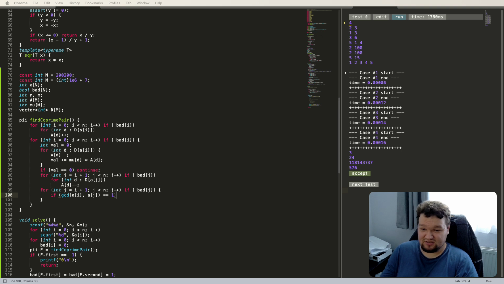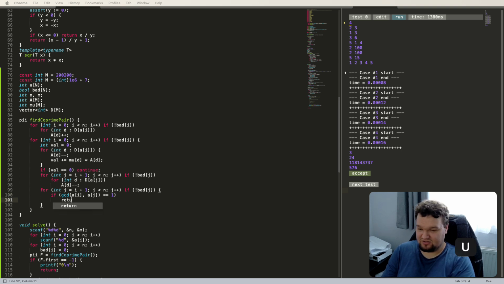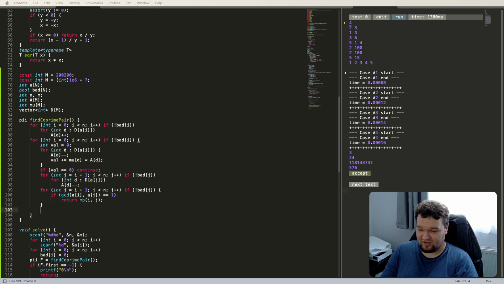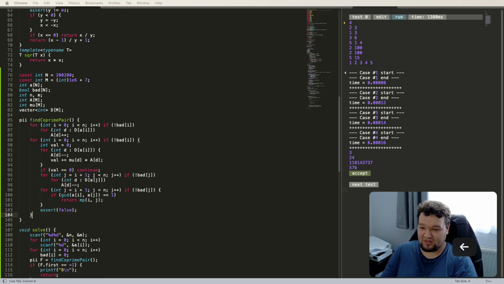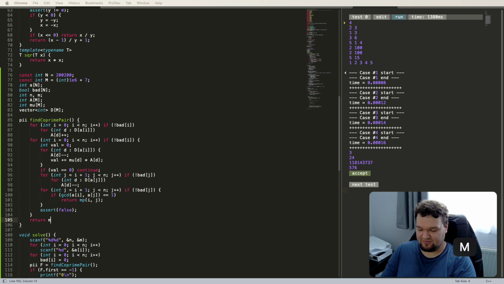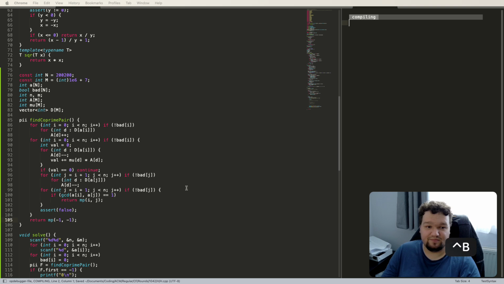If GCD is 1, then they are coprime, and I can just return that pair. If I haven't found one, something went terribly wrong. And if I haven't found one at all, then I'm just returning -1, -1.